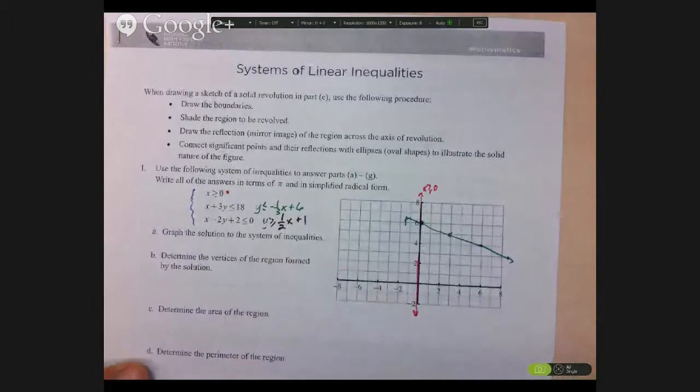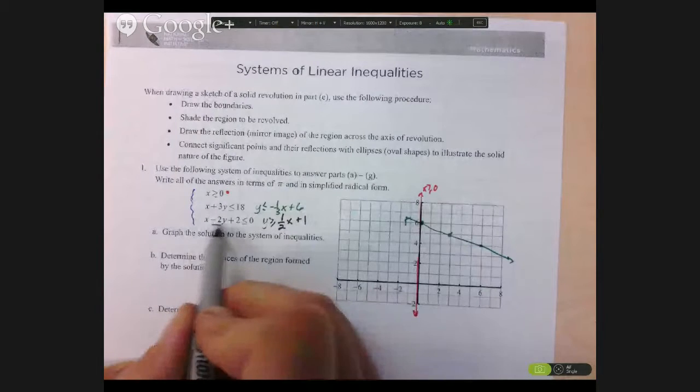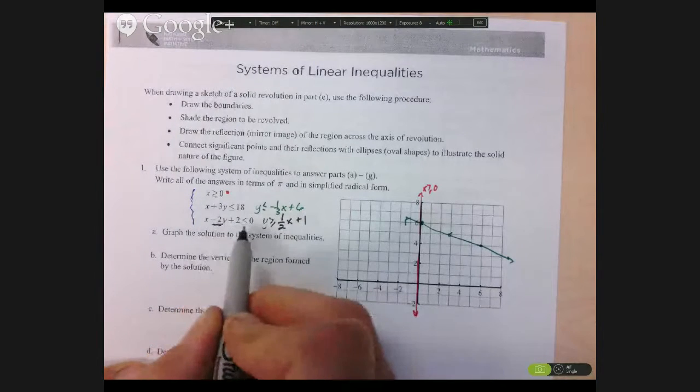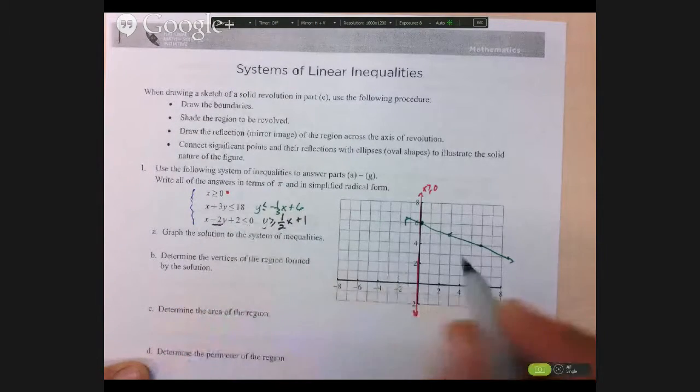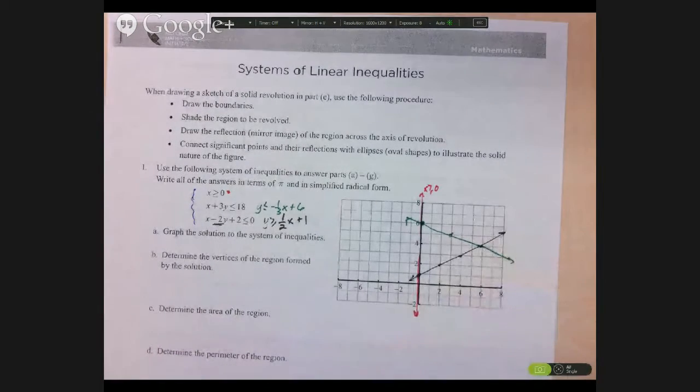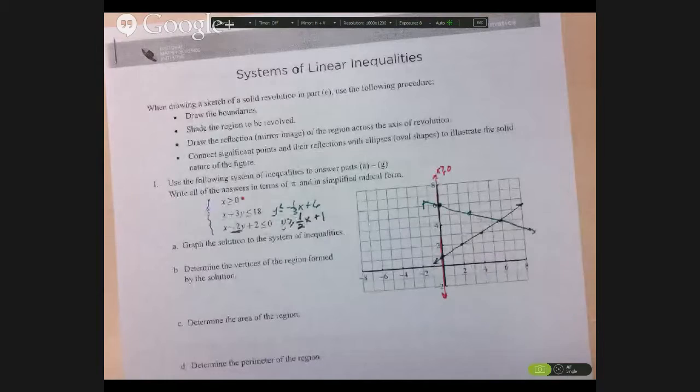So you're dividing by a negative here. When you divide that -2 over, you flip the sign. All right, so let's shade the region.